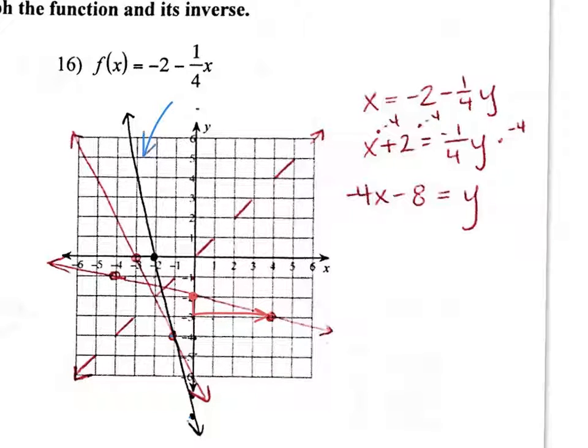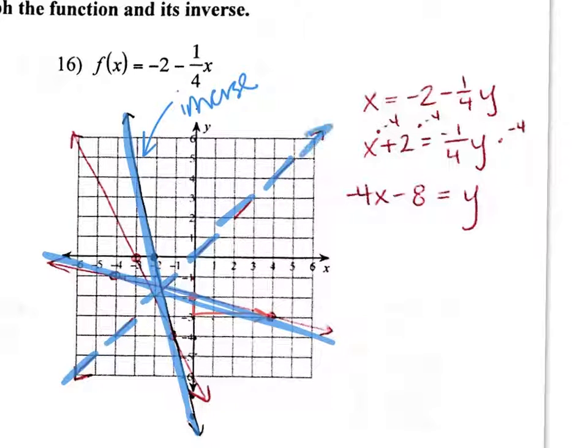So the actual correct answer is this line in black. That's the inverse. And hopefully you see that those two lines, and here I'll make them stand out for us, this inverse line and this original line do in fact reflect perfectly over this dashed line that I've got in the middle.